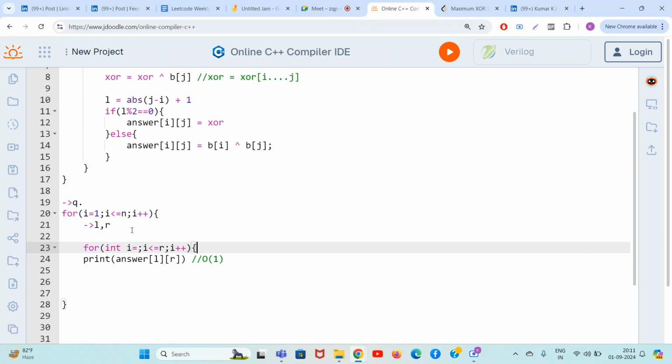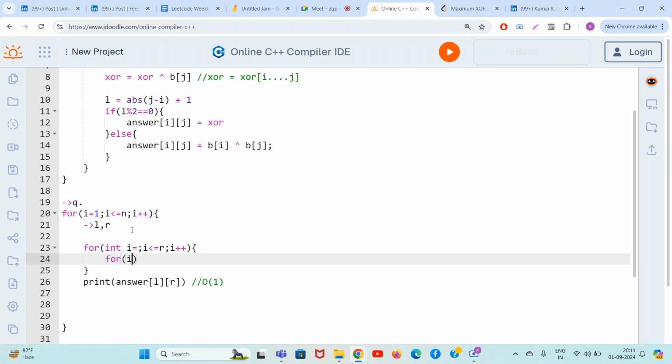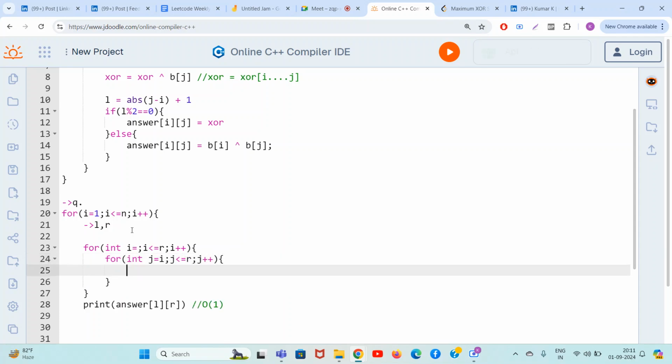And then add one more loop, it costs no money. int j equal to I, j less than equal to R, j plus plus. Then t equal to max of t, comma, answer of I, j. Basically they are telling us to consider all the subarrays in the range L to R, find the answer of all of them and then print the maximum.